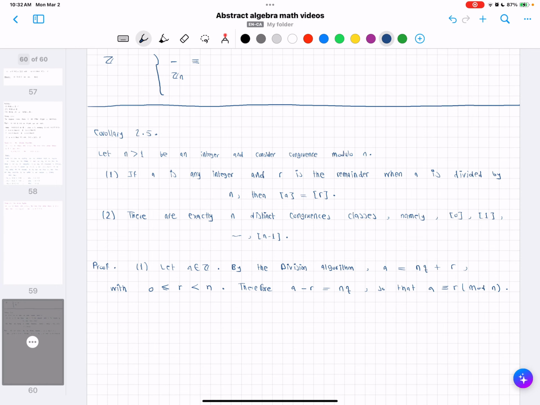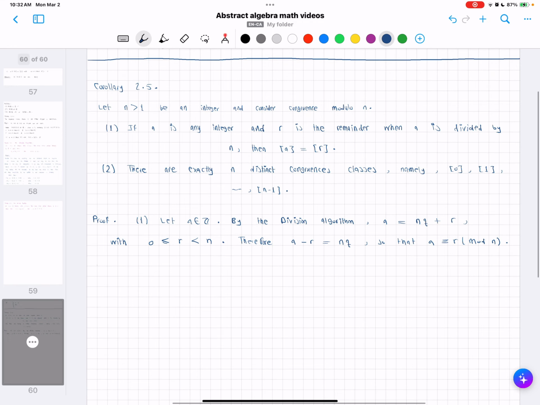So by the previous theorem, we have that the class of a is equal to the class of r.